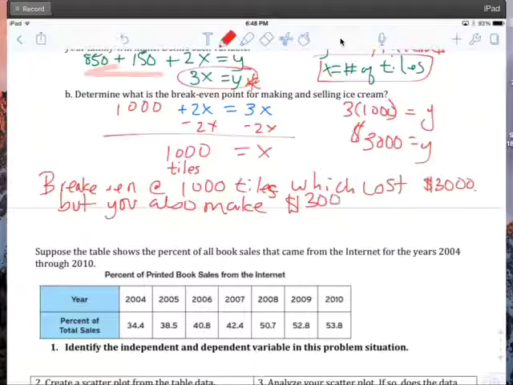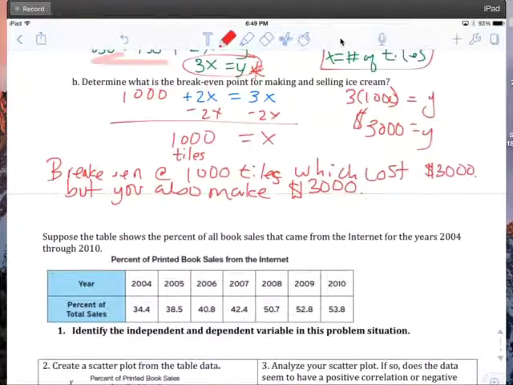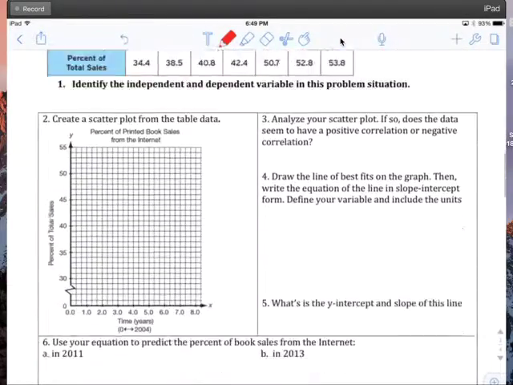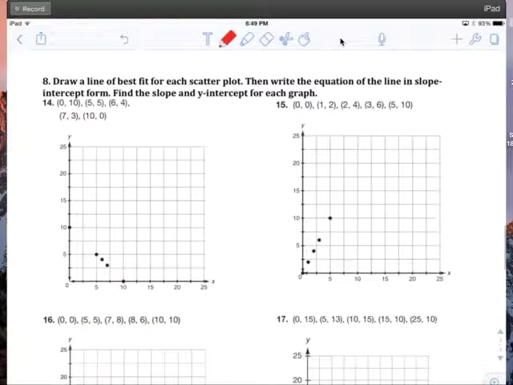So really your profit is 0. Okay. And that's that. And this, I think everyone, we did this in class, or same as last night's homework.